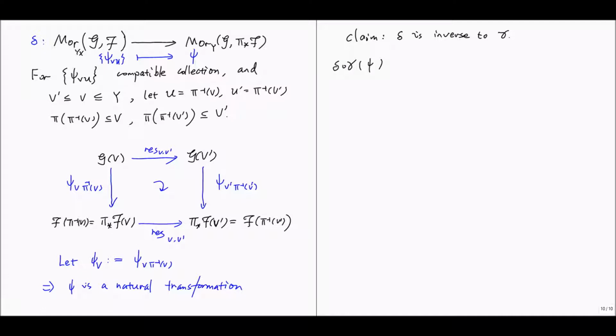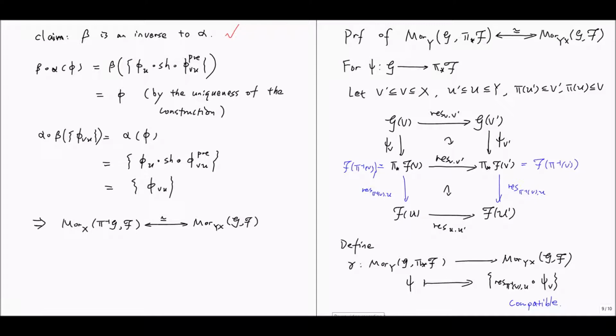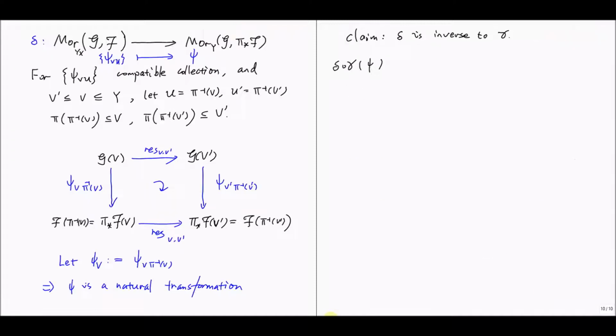By definition, gamma of psi is equal to the compatible collection consisting of the restrictions composed with psi sub V. So this is equal to delta of the collection restriction composed with psi sub V. Now, what is delta acting on this collection?